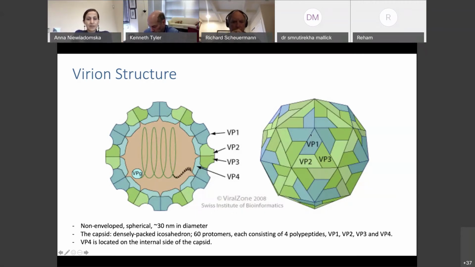And together, they form 60 protomers, each consisting of 4 polypeptides. VP4, which is on the inside, is the 4th one, and it's located on the inside part of the capsid and just holds everything together.